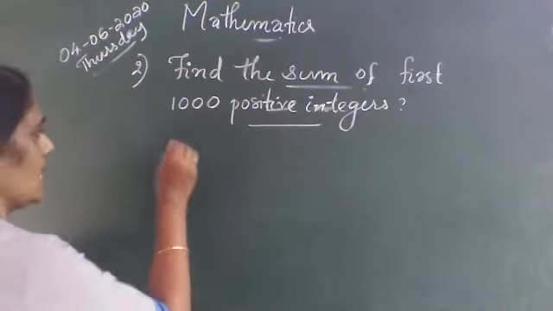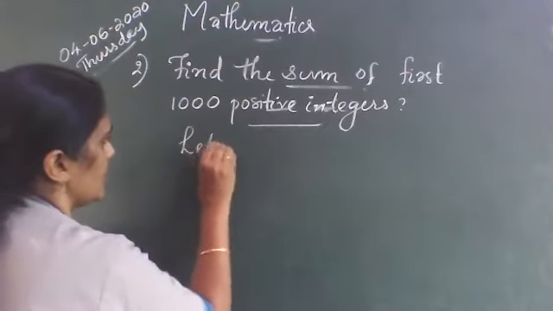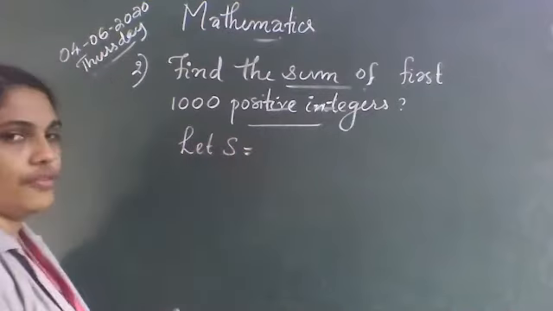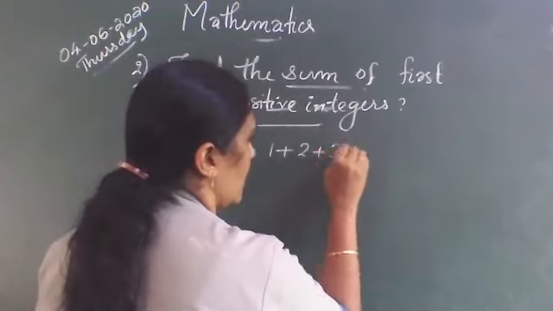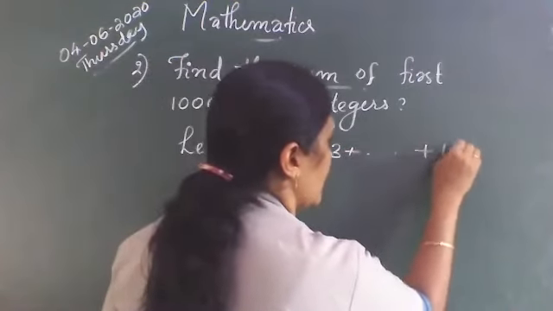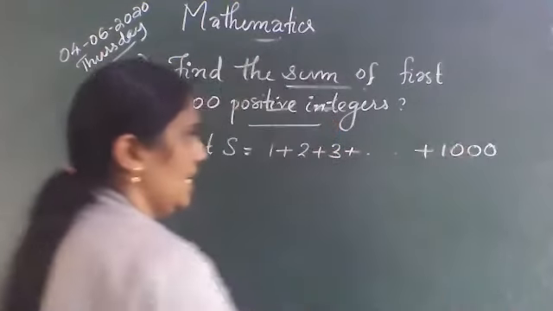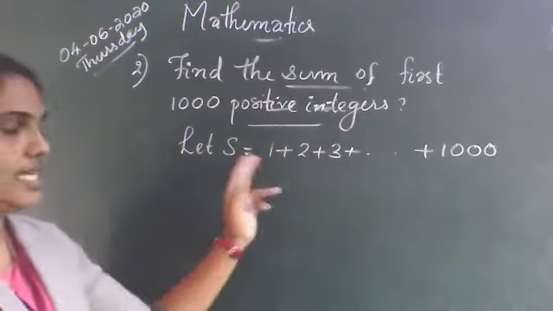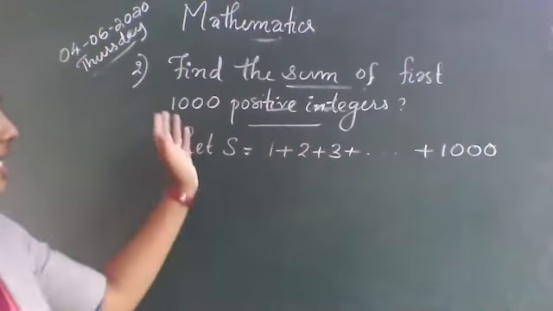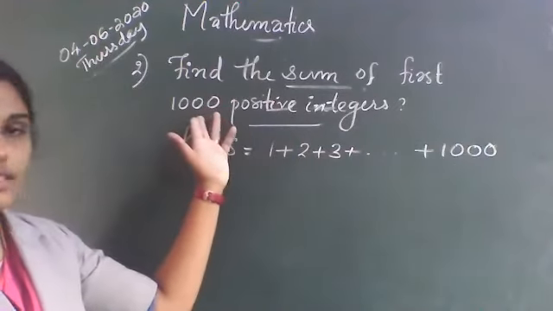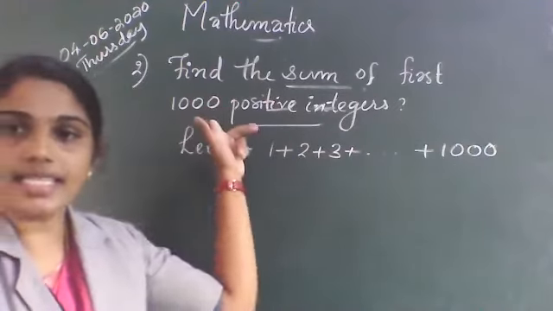So let us take S is equal to the sum of the first 1000, which means 1 plus 2 plus 3 plus etc. plus 1000. Here the first term and the last term are given, and we need the sum of the first 1000 terms. So n is 1000.